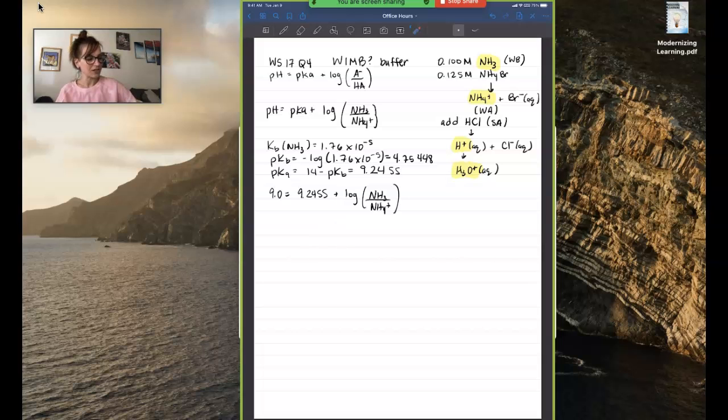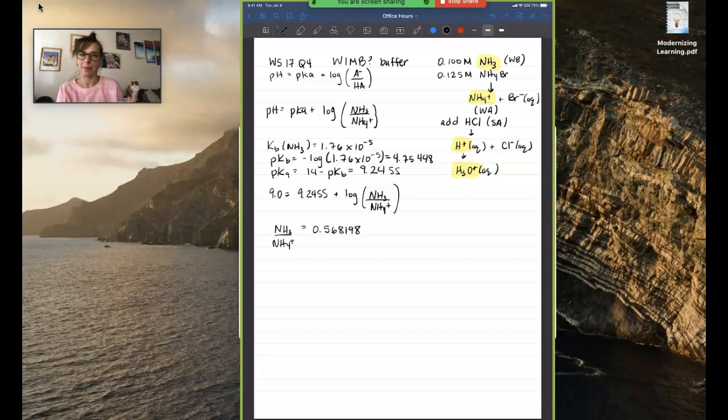In this case, when you solve for the ratio of ammonia to ammonium, you would get 0.568198. So that's what the ratio is going to be. It's not 50-50 here. And to get to that ratio, we'll be adding HCl.